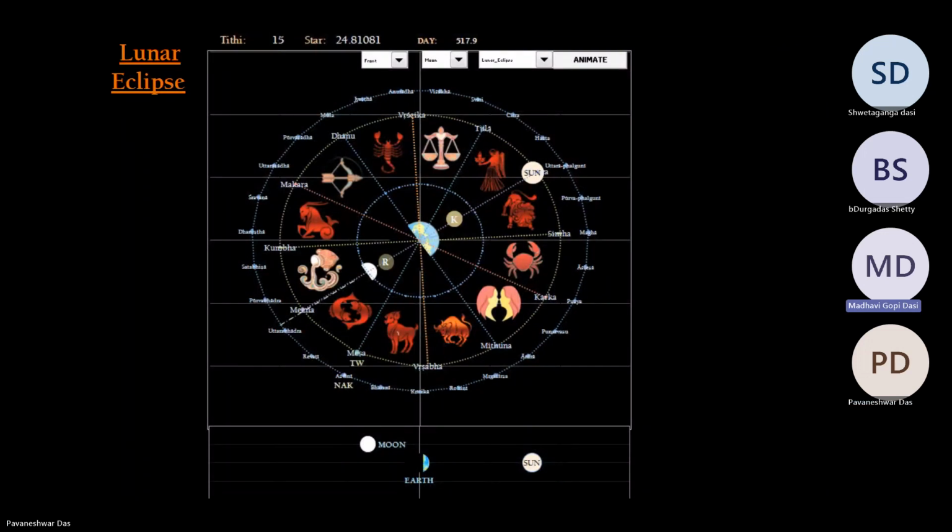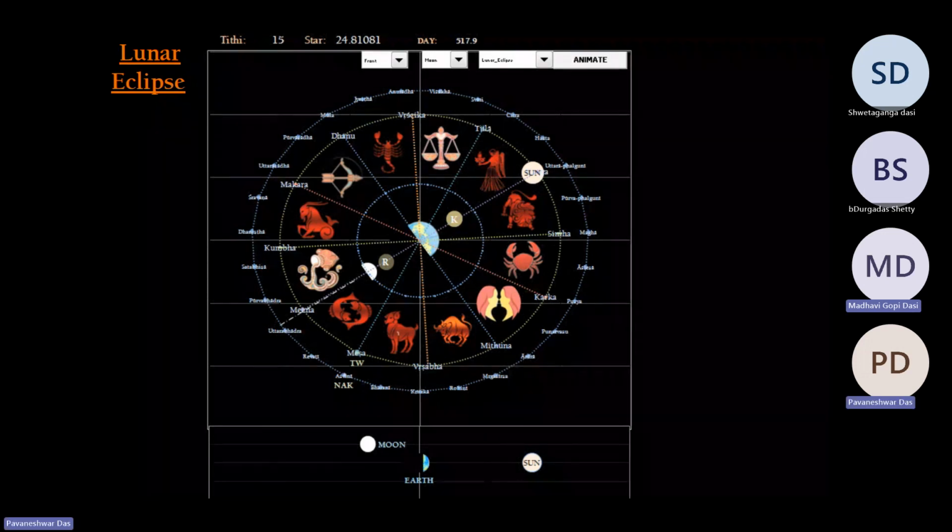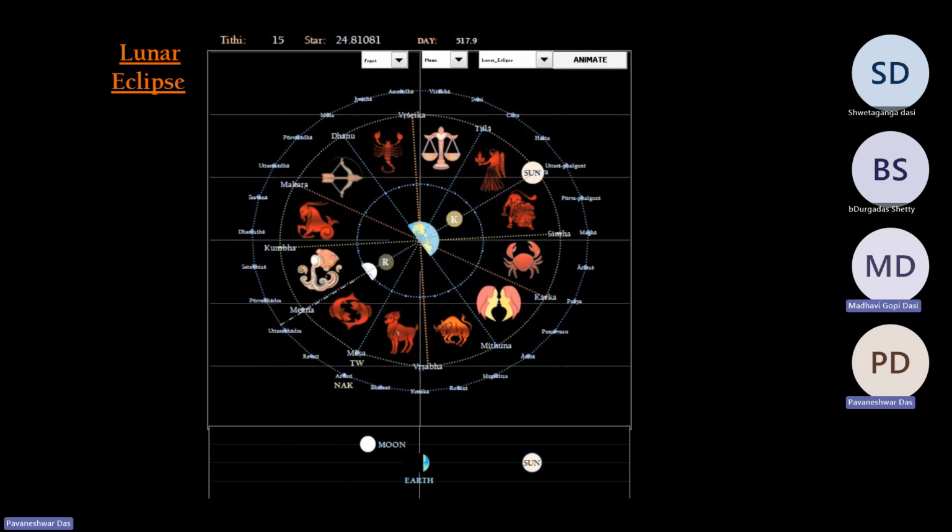Prabhuji, you mentioned in previous classes that Rahu and Ketu are invisible planets, dark planets. As per modern science, they observe the other planets and locate where they are. They don't have anything about Rahu and Ketu. I don't know.